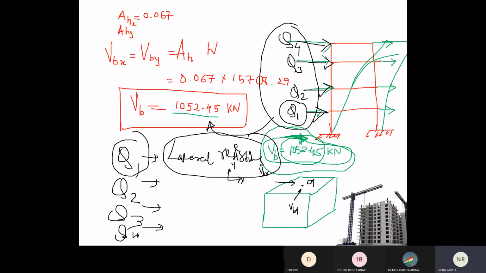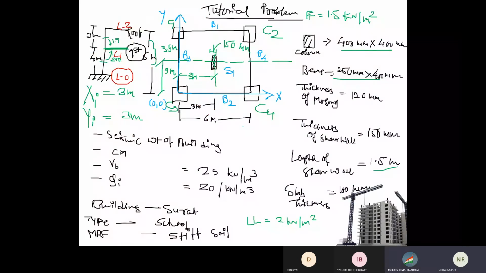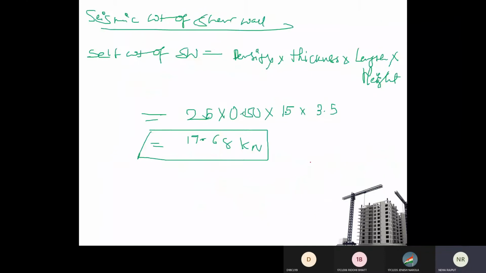Now what remains? Which parameter remains? Seismic weight of masonry wall. Is it given in your data? Yes, masonry wall data is given. Right. So wherever your beam is, at the same place the wall is also there. So masonry wall 1, masonry wall 2, masonry wall 3, masonry wall 4. All the walls are external walls.